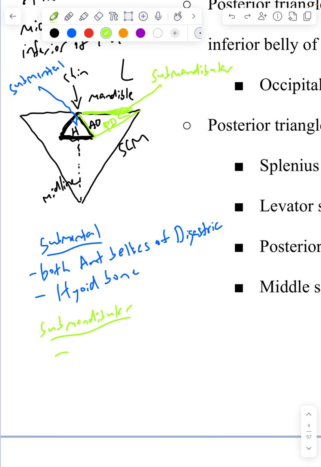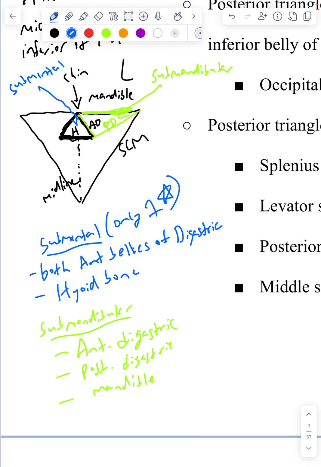So hopefully these make more sense now. And then remember, we said only the submental had only one. All of the others, you have a right and a left. So we can make the same triangle here on the left side. So right submandibular triangle, left submandibular triangle. The other two will have the same thing too.